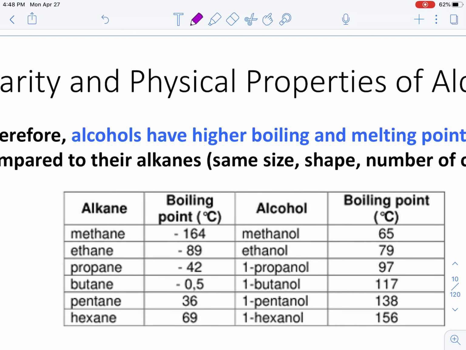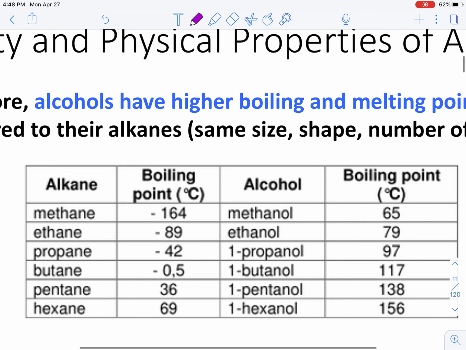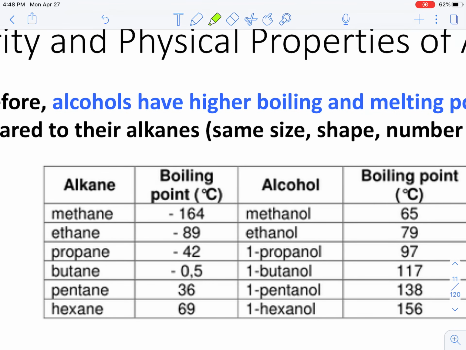And so if you guys are looking at this chart, you'll see methane, let me highlight this. So meth, eth, prop, but, pent, hex, they're all describing a specific number of carbons in that organic compound, where meth is 1 carbon, eth is 2 carbons, prop is 3 carbons, but is 4 carbons, pent is 5 carbons, hex is 6 carbons.